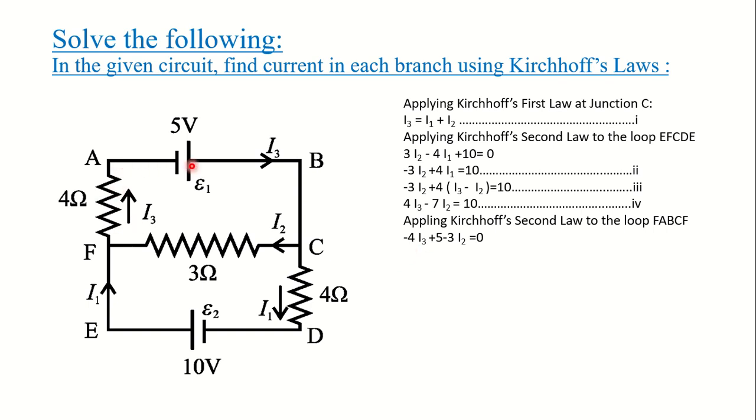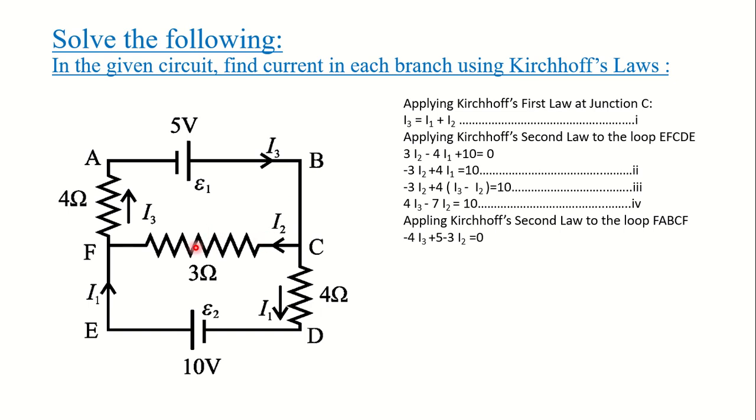Now we are traversing through the cell. It is moving from negative to positive. So what should be the EMF? EMF has to be positive. So we will get plus 5. Then we are coming here and here we are crossing the resistance. Here again the direction of current, direction of loop, both are the same.